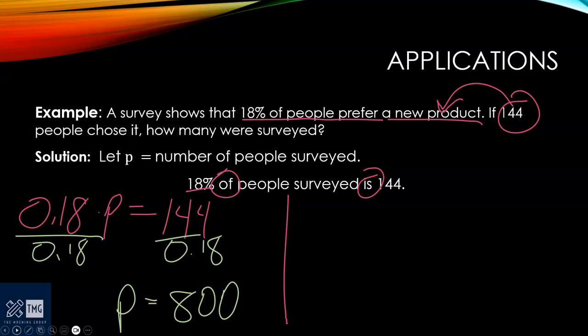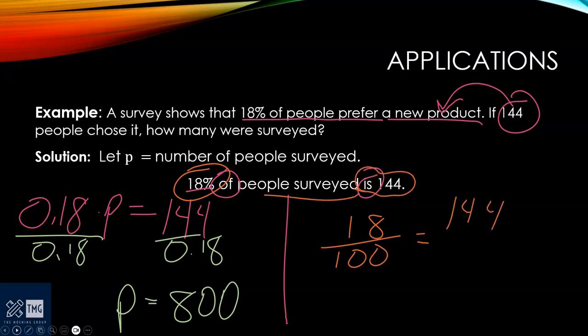If you wanted to set that up as a proportion, start with your percent. 18 over 100 is 144 of people surveyed. So 18 over 100 equals 144 over P. Either method will give you the number of people surveyed to be 800.